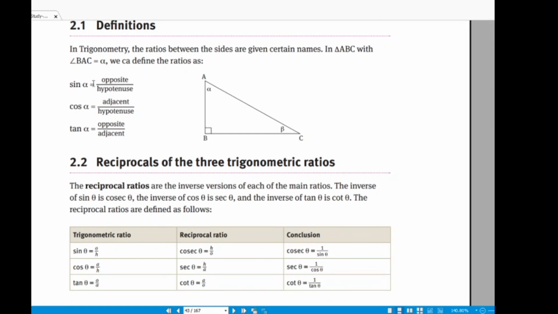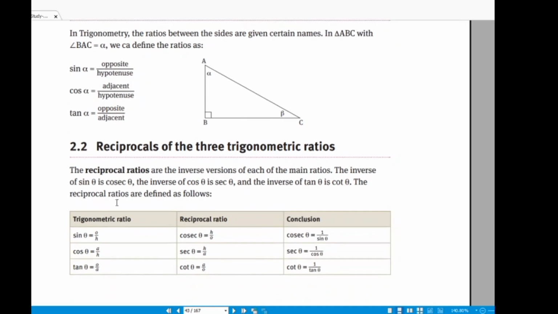So with SOHCAHTOA you will see that sine theta is opposite over hypotenuse, and then when you go to the reciprocal or inverse of sine theta, which is cosec theta, if sine theta is opposite over hypotenuse, then the inverse of that will be hypotenuse over opposite, right?